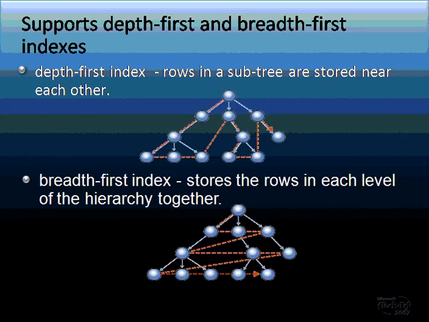Basically, you have both the hierarchical ID and the level information there in order for you to create such a breadth first index. So as an example, if you want to search all the direct reports to a manager, having this breadth first index will definitely give you the quickest way to get your results.